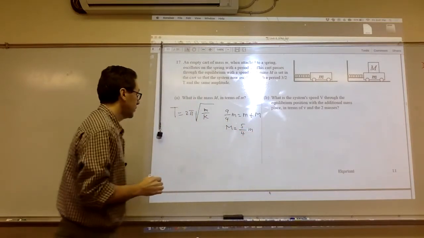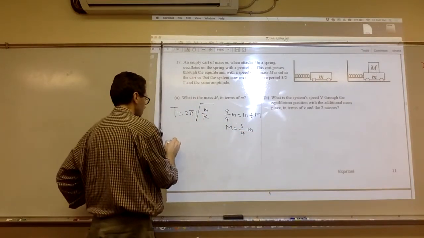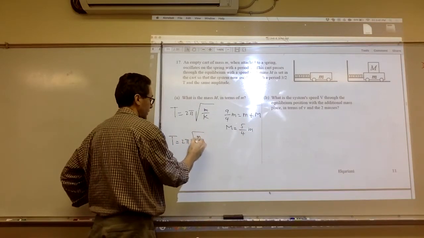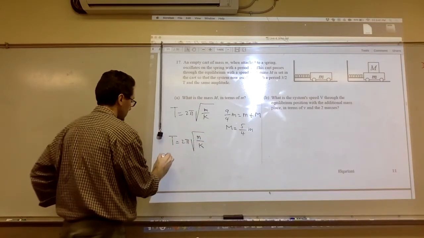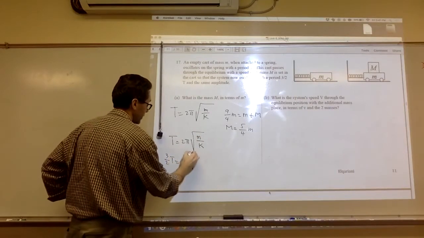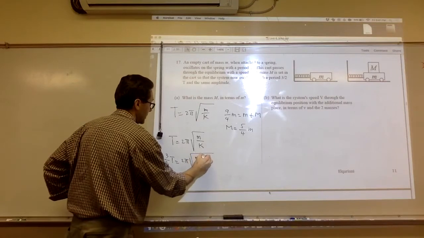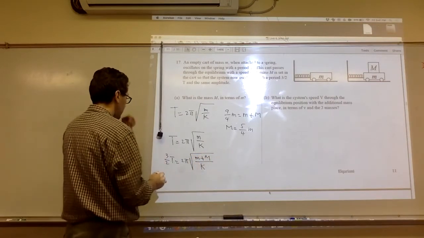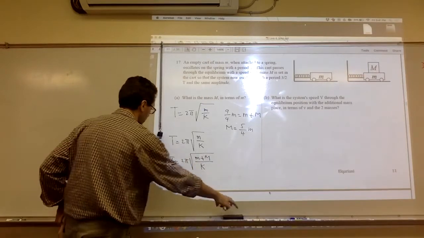Okay, if you don't like that, you're going to say, well, T is 2 pi square root of m over k, but 3/2 of T is equal to 2 pi square root of m plus the additional mass over k. So you can do this in a lot of ways.